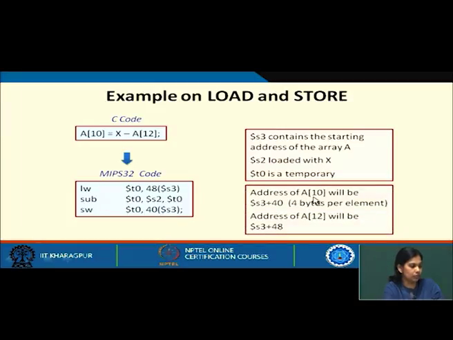So, the address of A10 will be S3 plus 40, that is 4 into 10, and the address of A12, as I said, will be S3 plus 48. That is what I have used. So, to represent a C code, we have to use the following set of assembly language code.